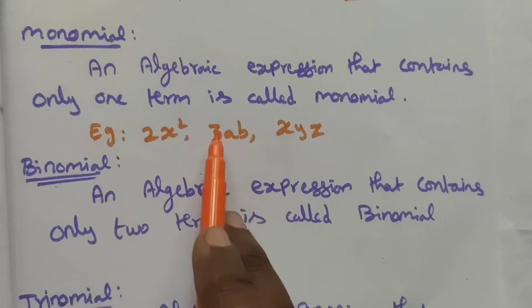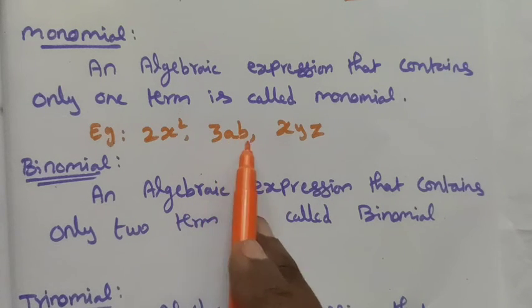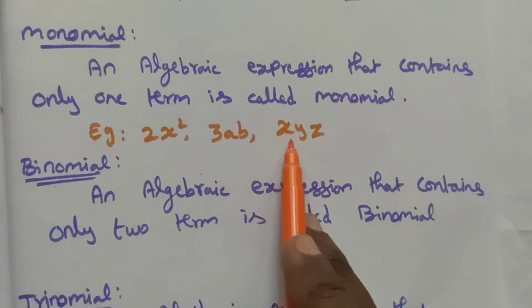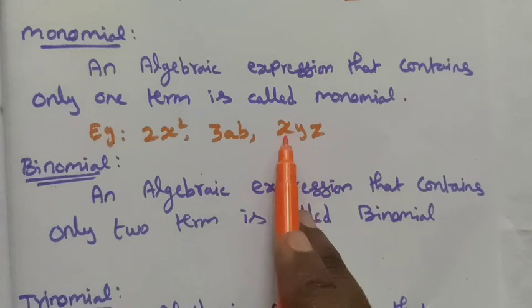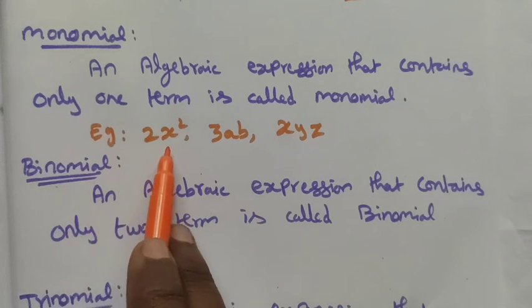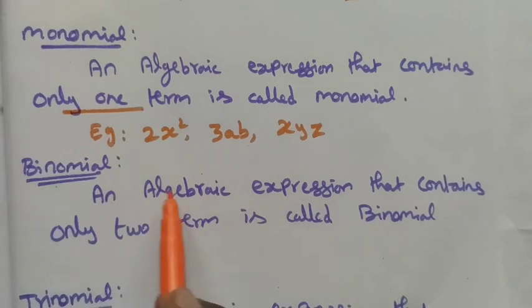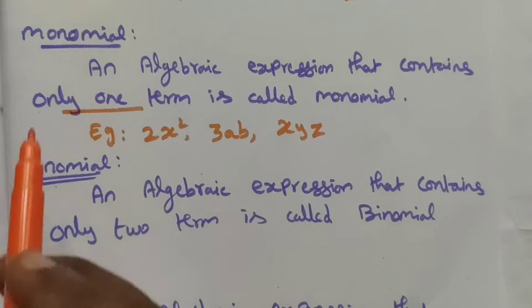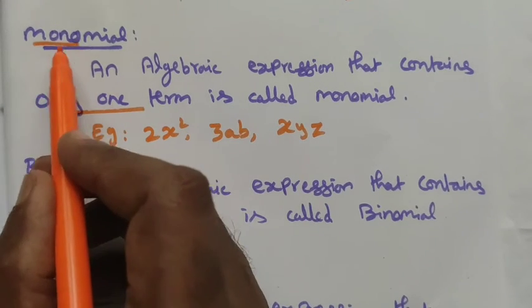See, the product of these is considered only one term. xyz is considered as only one term by the product of x, y, z, right? So it contains only one term, and that is called a monomial. We know that mono means only one.